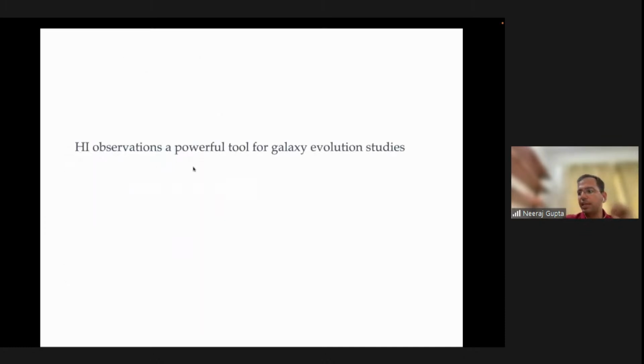So this is where we have come to, as far as H1 21 centimeter line observations are concerned. That is, we have developed a very nice set of scaling relations, right?